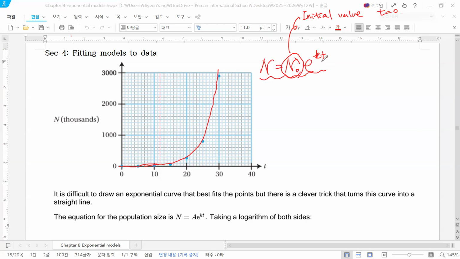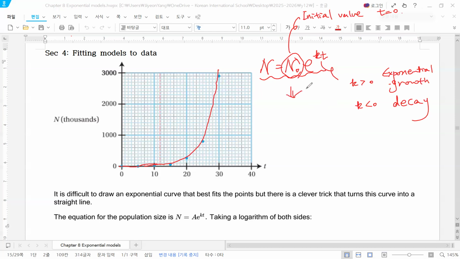And the k, if k is positive, it means exponential growth. If k is negative, it means exponential decay. It was defined from the beginning of section C. And then, students, it is modeled as N equals N0 e to the power of kt.